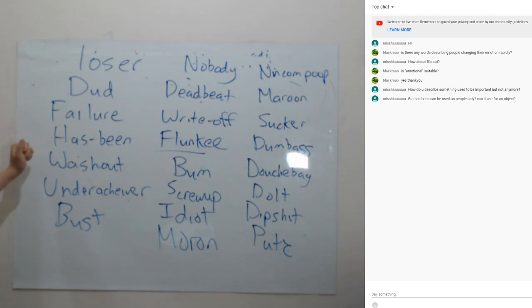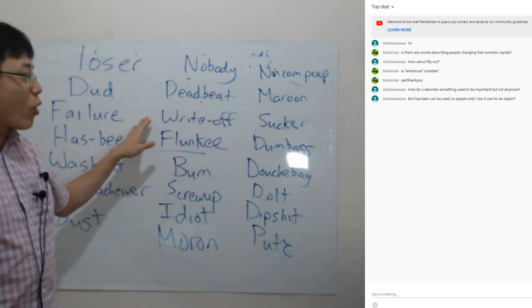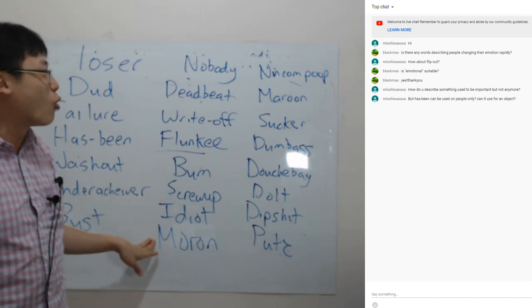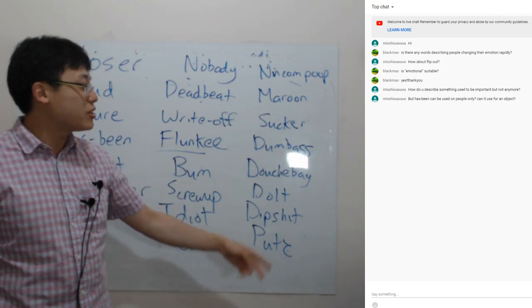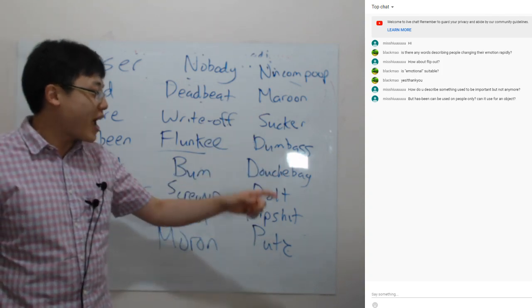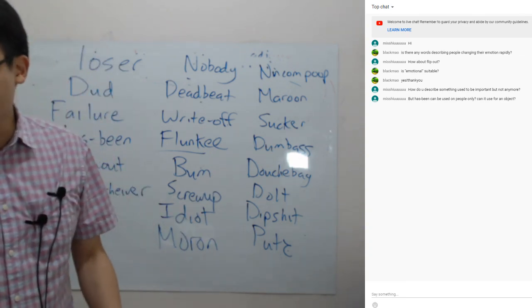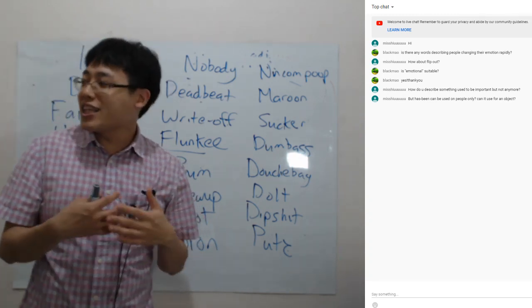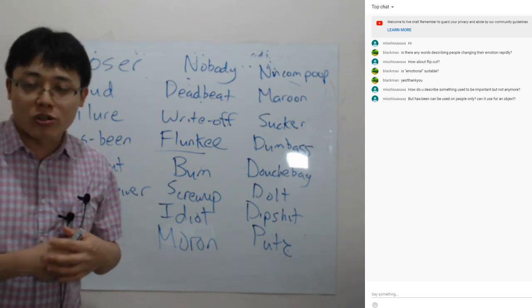So has-beens, washouts, underachievers, busts, nobodies, deadbeats, write-offs, flunkies, bums, screw-ups, idiots, morons, nincompoops, maroons, suckers, dumbasses, douchebags, dolts, dipshits, and putzes. And actually there are so many more, probably hundreds more, but I think this is a pretty good list if you want to start insulting people.